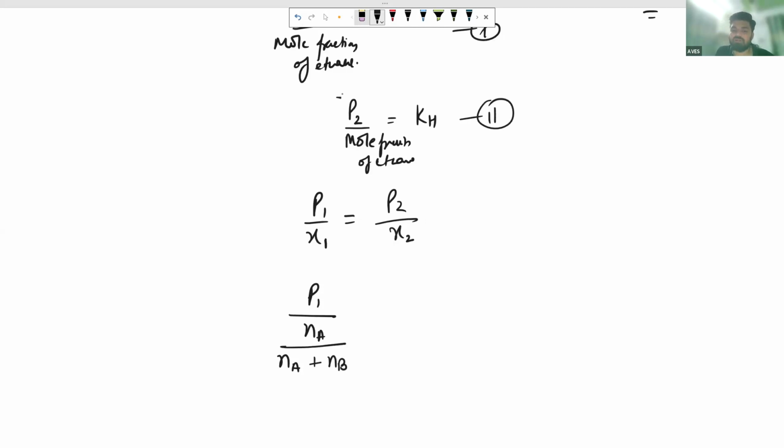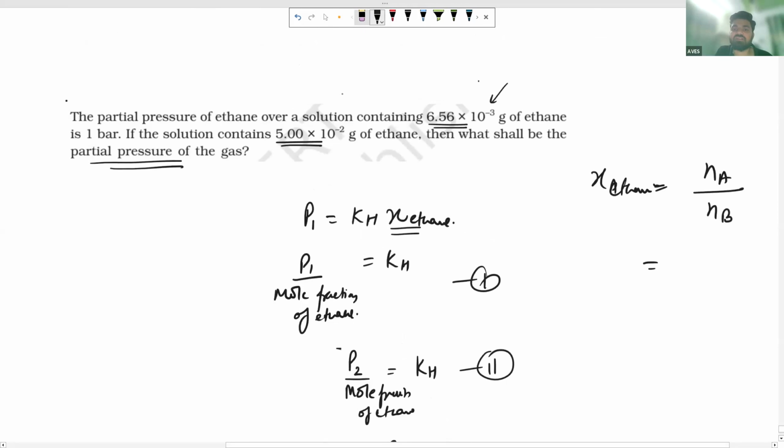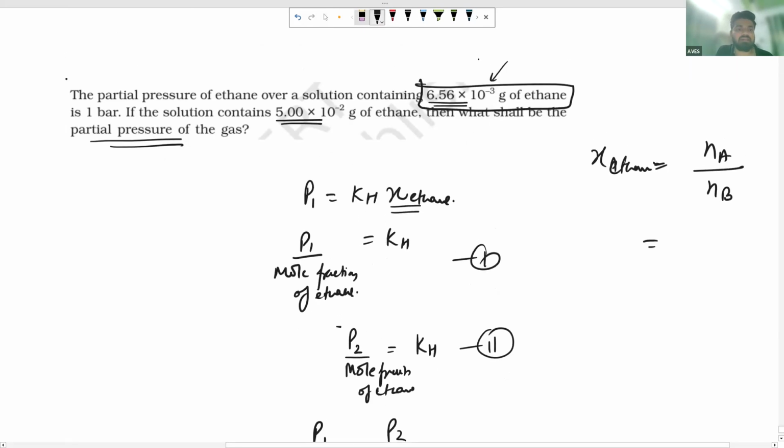That will be equal to P2 upon the number of moles of A, but this is the first case. That is, this is the first solution, when ethane is present in only this much amount. And in the second case, it is the same ethane gas, but it is present in this amount.